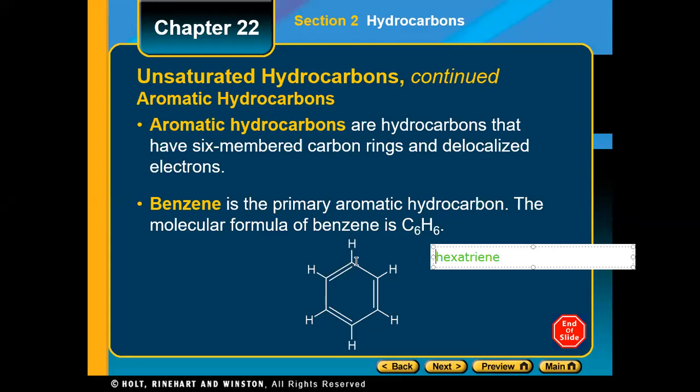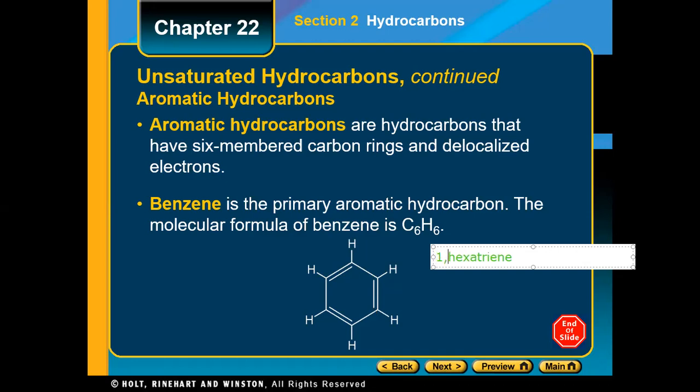Because this is a ring, this is a cycle, you have no such thing as carbon number 1 or carbon number 6. So you decide where your carbon number 1 is. I could say that this is carbon number 1, and then I have a double bond in carbon number 1. 1, 2, 3, another double bond in carbon number 3, 4, and 5, and another double bond in carbon number 5.